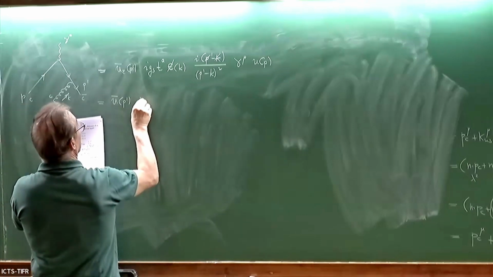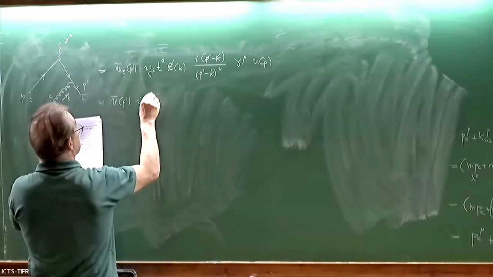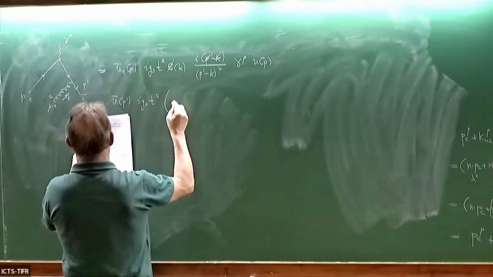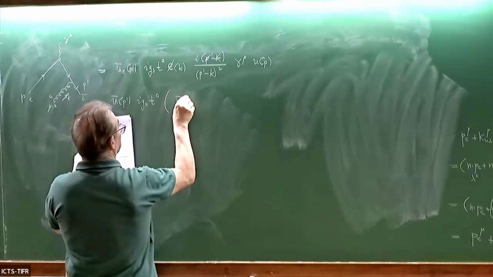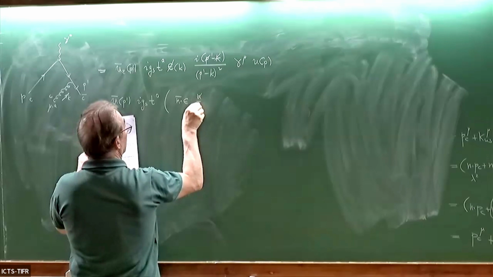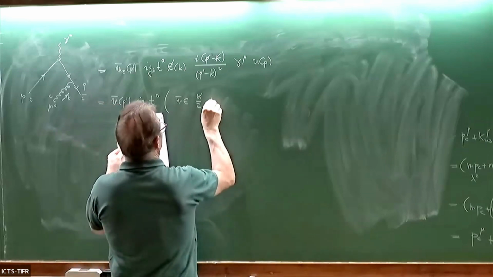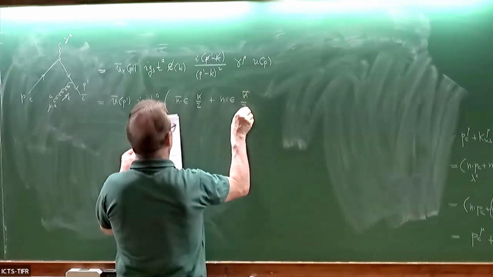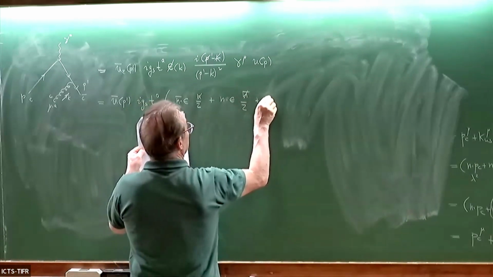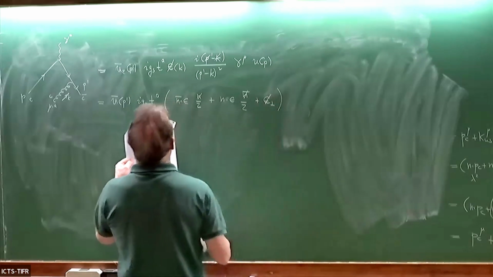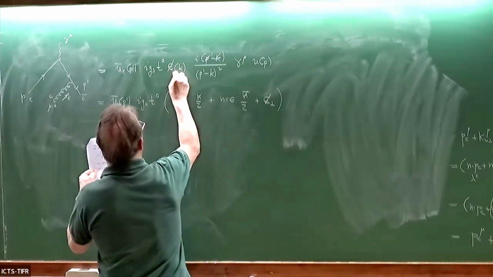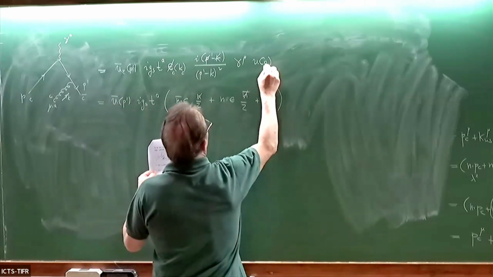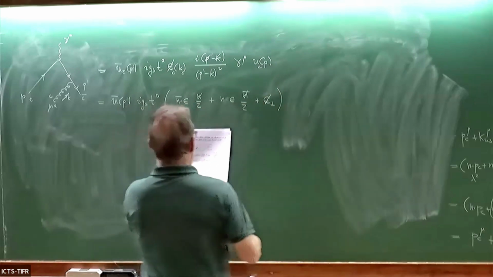I take my polarization vector and decompose it in the usual way as n bar dot epsilon times n slash over 2, plus n dot epsilon times n bar slash over 2, plus epsilon perp slash. That's the collinear gluon.